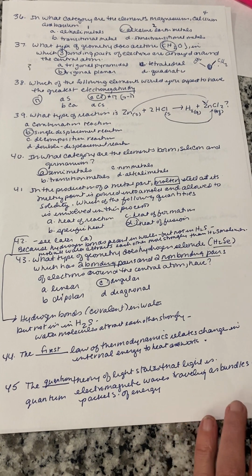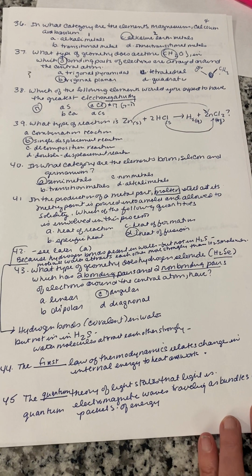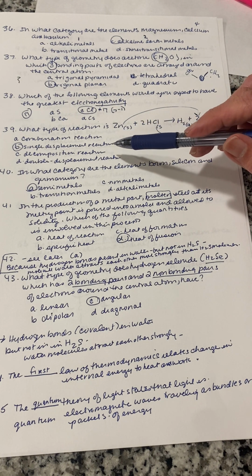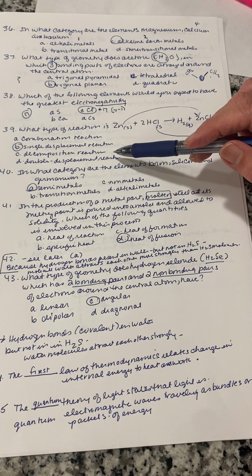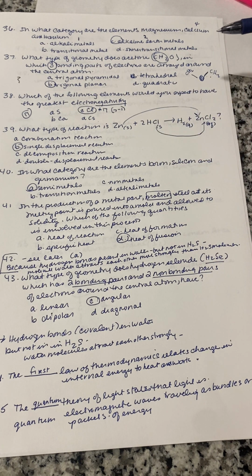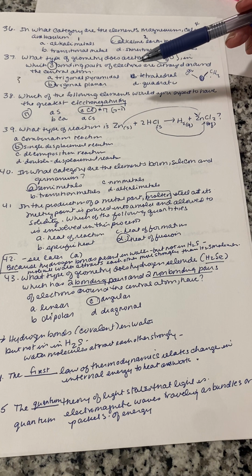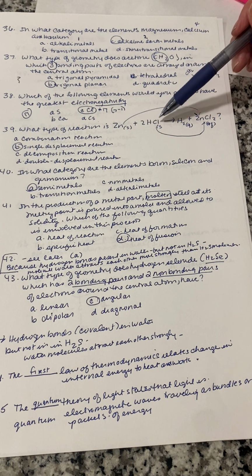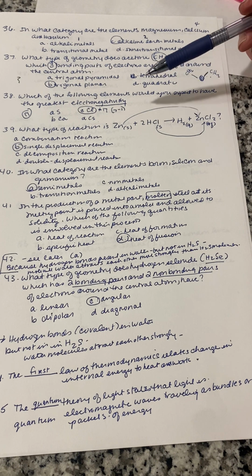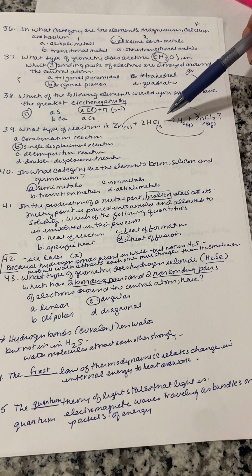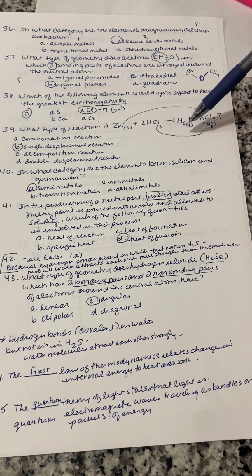What type of reaction is this? So, do you remember when we did these? These were kind of fun. So you have to say, is it a combination reaction? Is it single displacement? Is it decomposition? Or is it double displacement reaction? Well, basically, combination would be 2 that are combining into 1. Well, they're not combining into 1, are they? So is it going to be decomposing? Is 1 decomposing into 2?